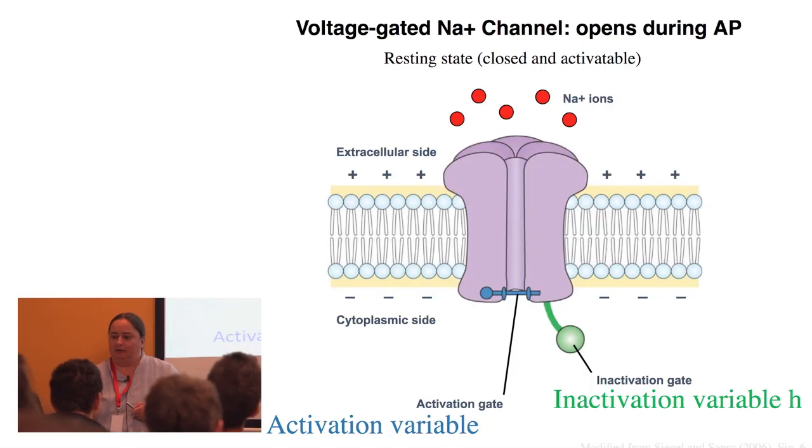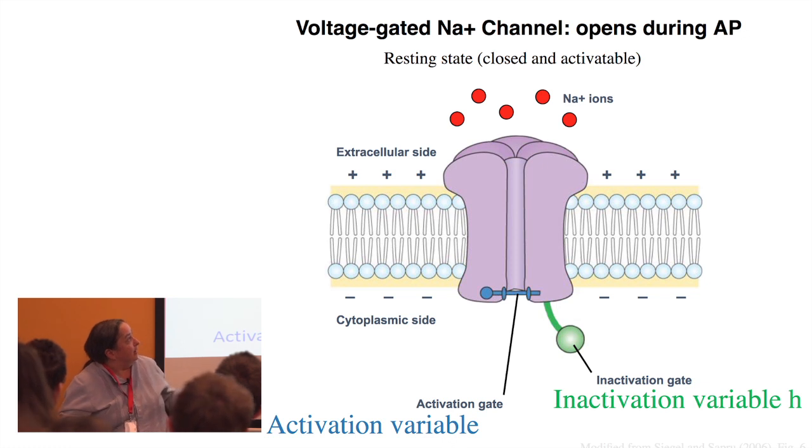Okay, so then again, this can be fairly quick. As a reminder, some channels, like the voltage-gated sodium channel, have not only an activation gate, and mine looks a little different from Tim's. I think it's blue and it's horizontal, but yours was another color and vertical. And we have a little inactivation gate.